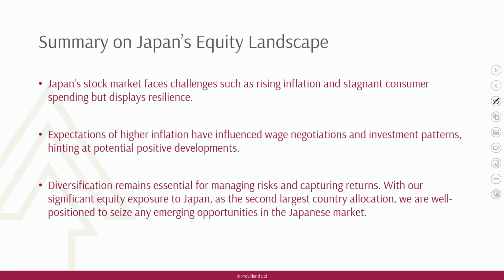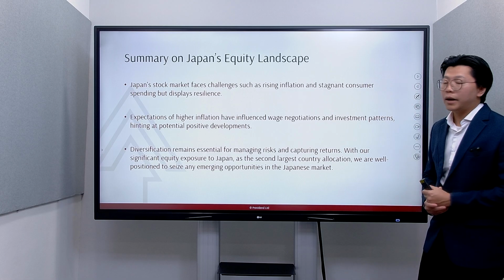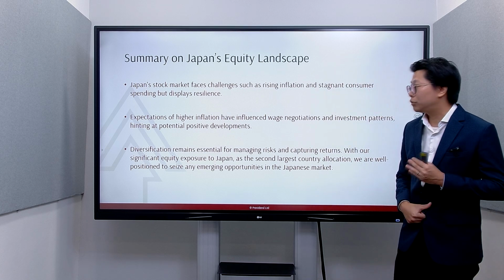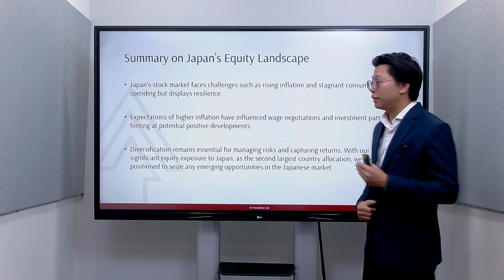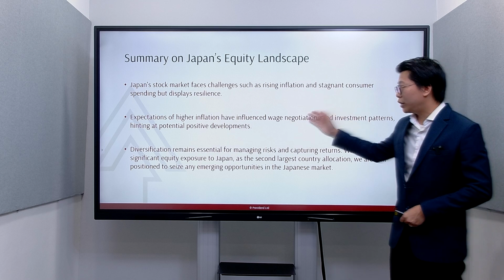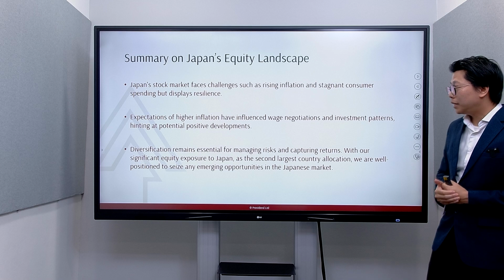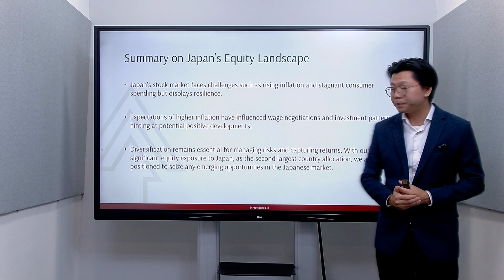Okay, finally, let's have a summary of Japan's equity landscape. The points that I've covered: Japan's stock market has faced challenges because of rising inflation and stagnant consumer spending. But at the same time, this rising inflation has led to a rising expectation of inflation outlook, and this led to improved wage growth and investment patterns, hinting at potential developments for Japan's equity future.